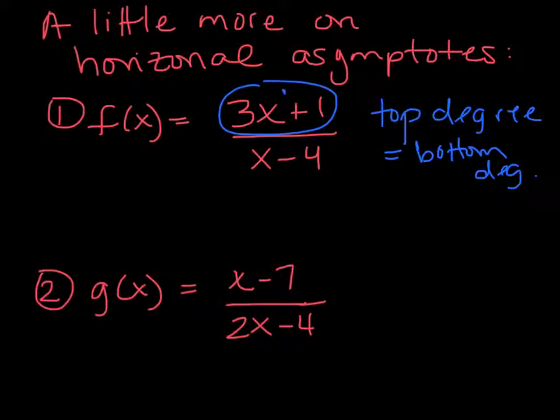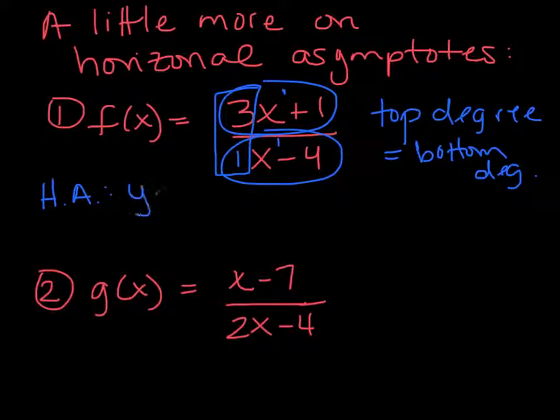That's the highest power. This is also a first degree. So when both the top and the bottom are the same degree, your horizontal asymptote comes from the coefficients of those leading terms. Okay, so this really has a 1 in front of it. So my horizontal asymptote is the equation y equals 3 over 1.